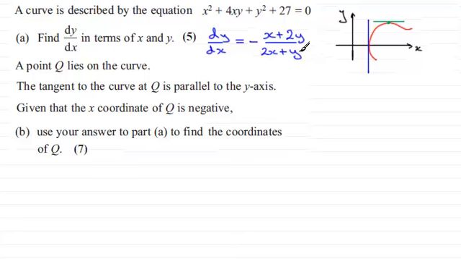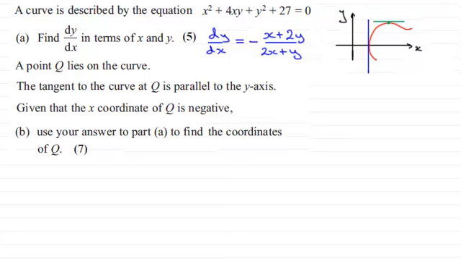So that's where we start with this problem. We're going to set 2x plus y equal to 0, write y in terms of x, and substitute it into the equation of the curve to find the x-coordinate of Q. Once we've got that, we can substitute back in to figure out what y is.